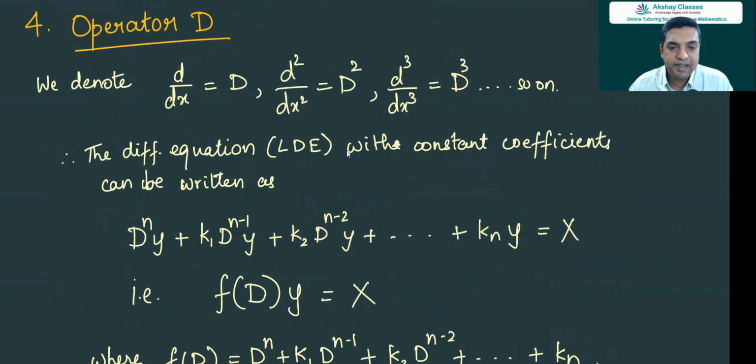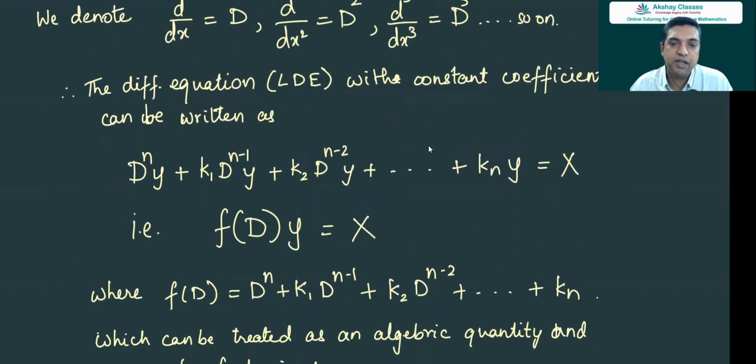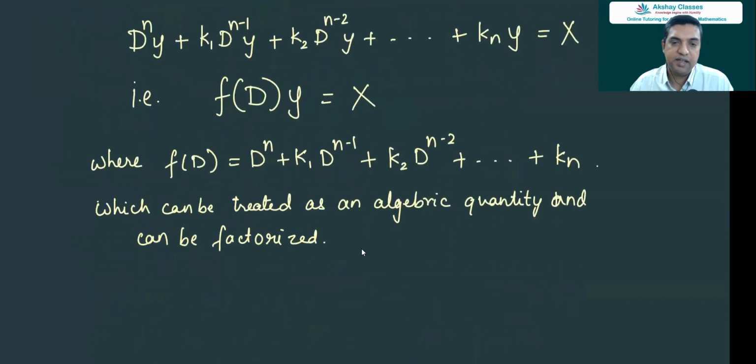And the operator D is d by dx, and D square is d2y by dx square, and so on. This can be used for the linear differential equation, which can be simply written as f of D times y equal to x.